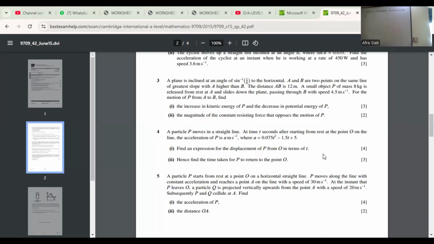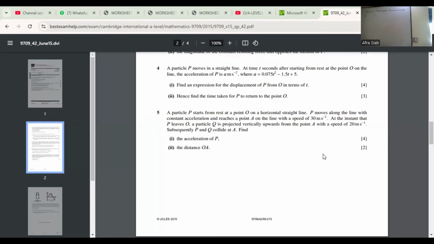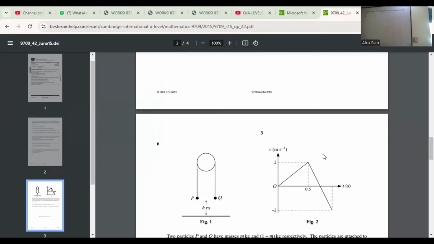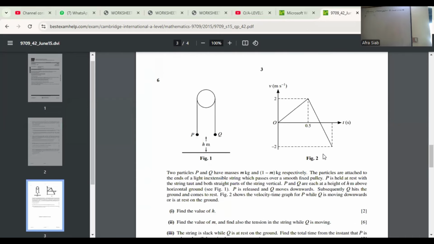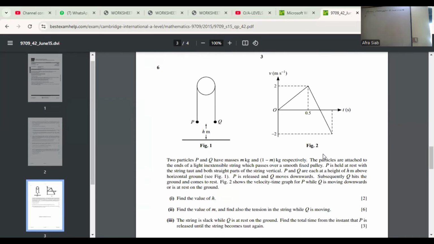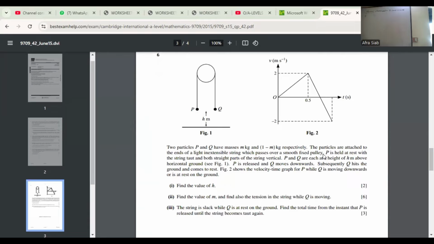Question number 6 now. Two particles P and Q have the masses m kg and 1 minus m kg respectively.